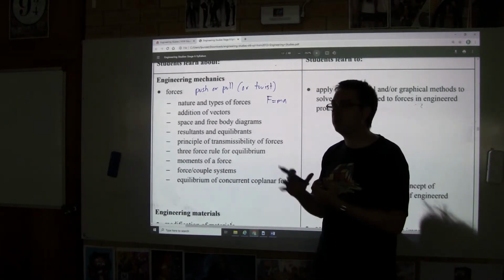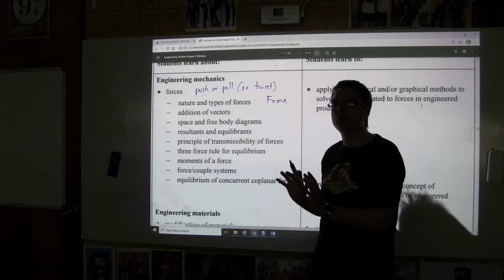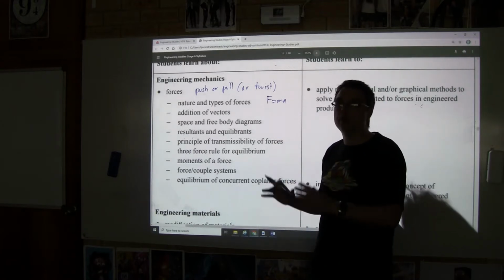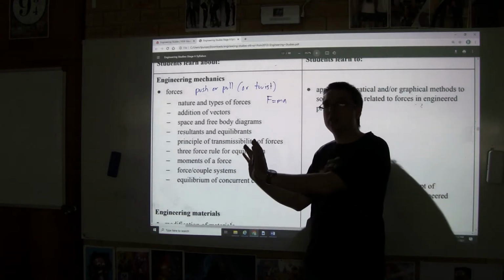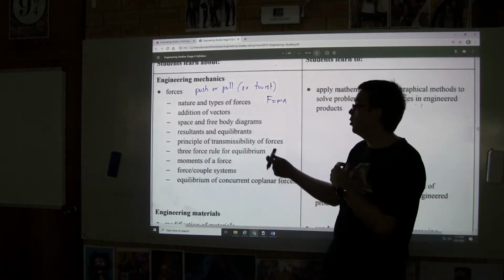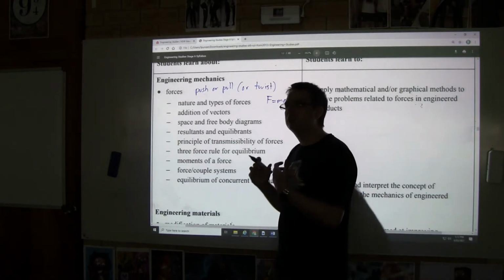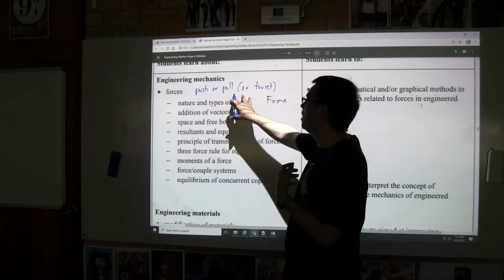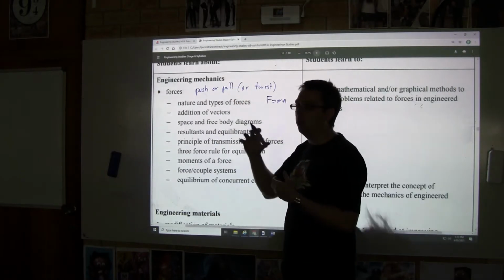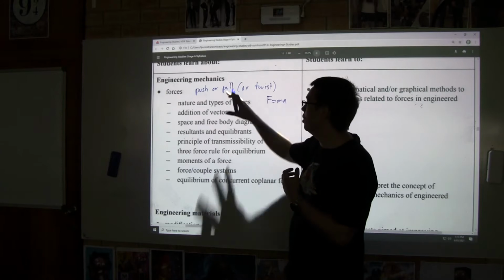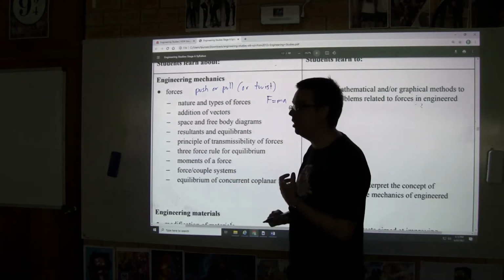But sometimes I could apply a force to a solid object, like a big boulder or a mountain, and I won't be able to shift that mountain because I don't have sufficient force to cause it to move. So in that case, we can say it's a push or a pull, and that's a very good definition. Well, I don't like it, but it's certainly a definition that I'm happy to give.